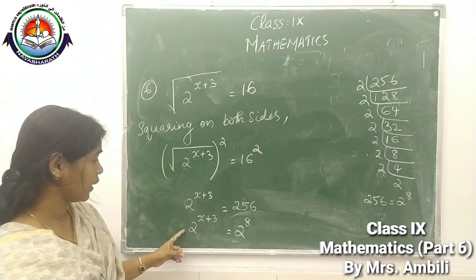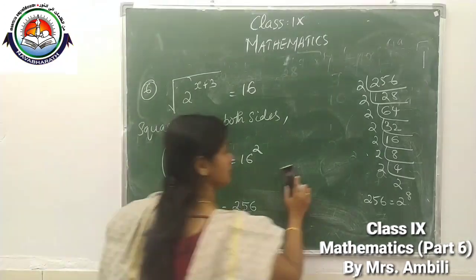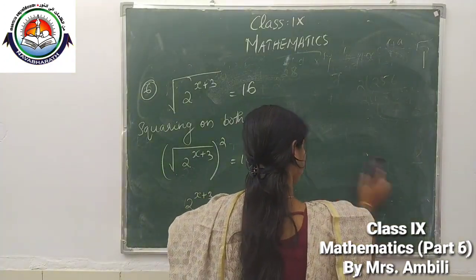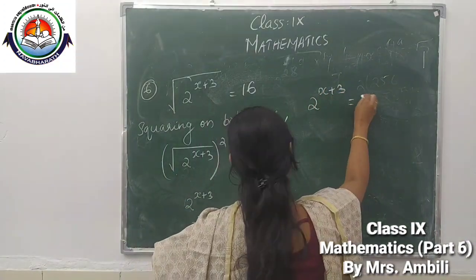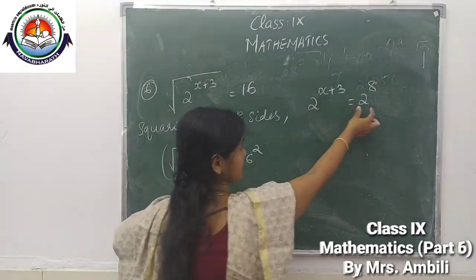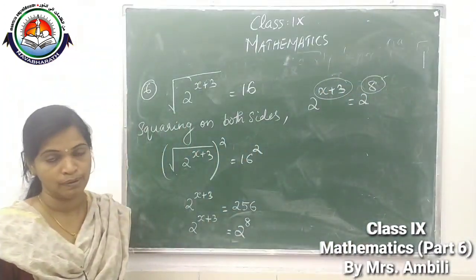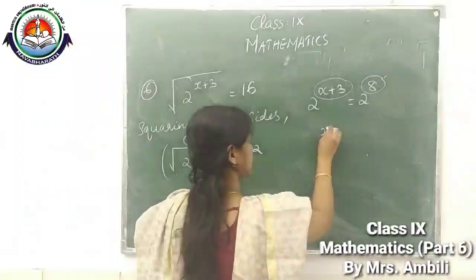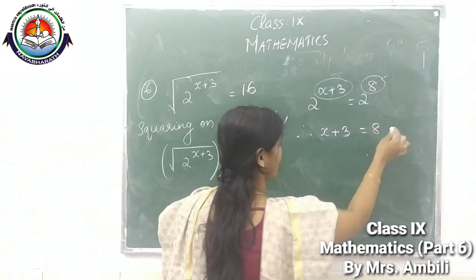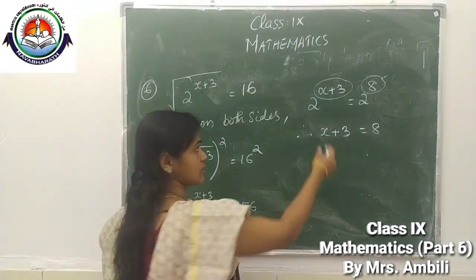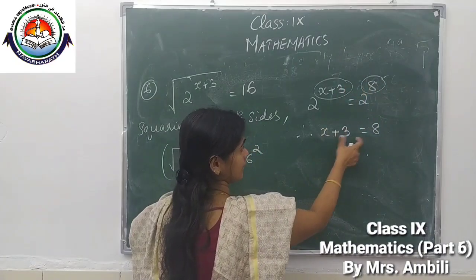Now look, 2 raised to x plus 3 equals 2 raised to 8, we got. Now the bases are equal. If the bases are equal, then equate the exponents, the power part. Therefore, x plus 3 equals 8, because the bases are equal and there is an equal sign.